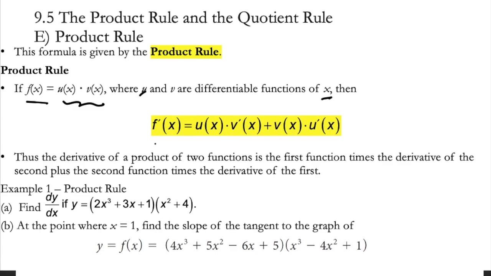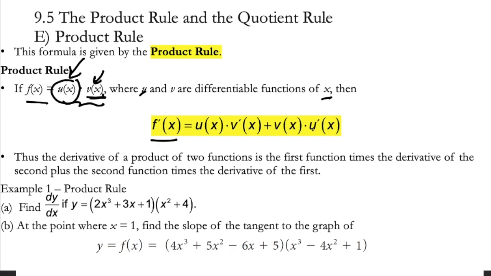Then to find the marginal function, slope or instantaneous rate of change, first you hold this one constant and differentiate this, so it becomes u(x) multiplied by v prime x. Then add plus, and hold this one constant, differentiate this, then it becomes v(x) multiplied by u prime x.